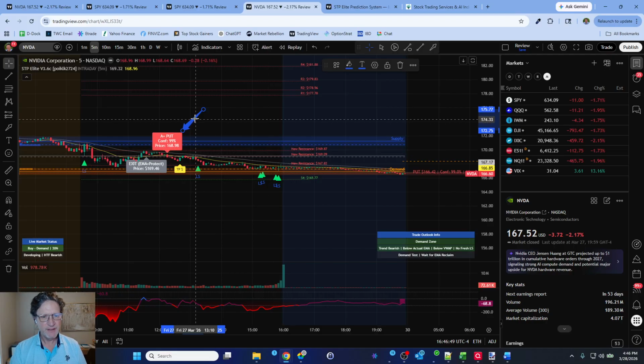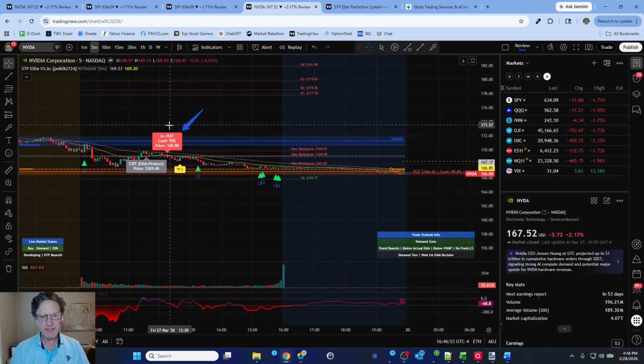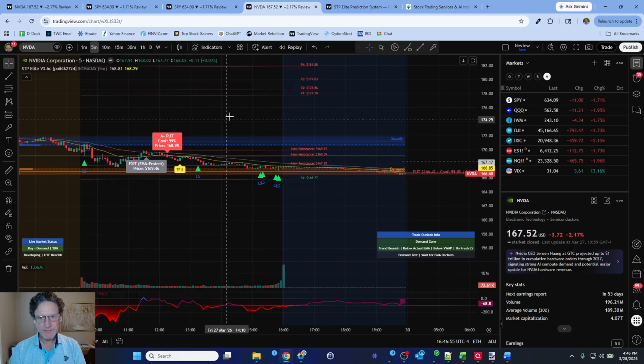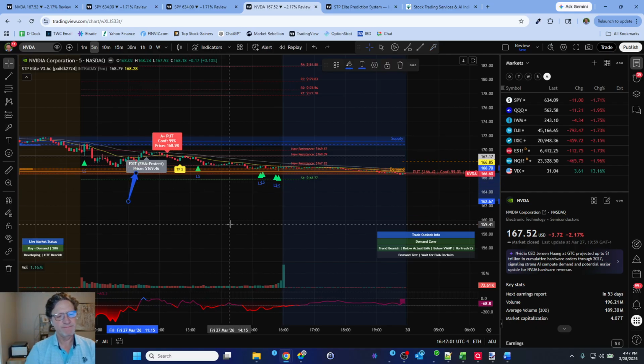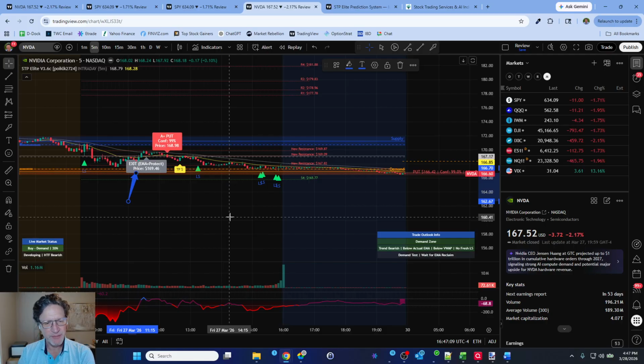The other thing I want to talk about here is, in this area, you can see there's an exit sign. Now, this exit sign, there's three forms of these exit signs that I created. Personally, I created them not to be when you take profit or where you're going to make money, but when the trade is breaking down.